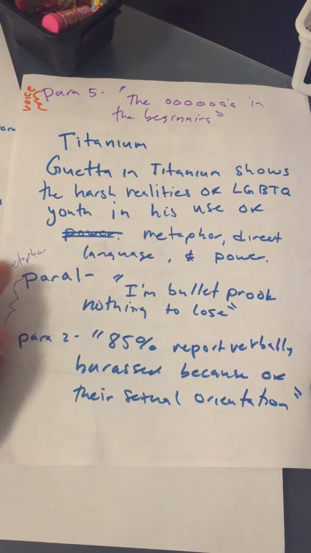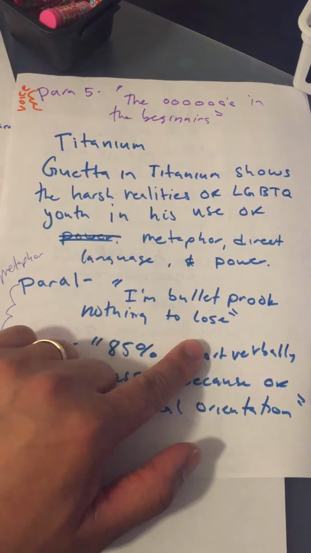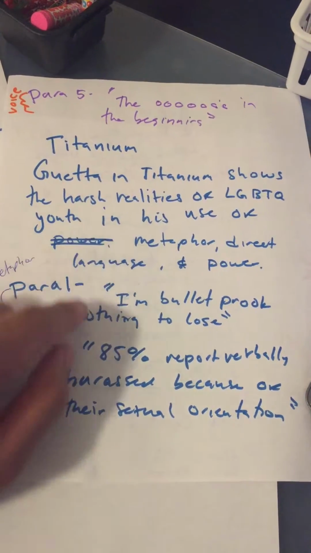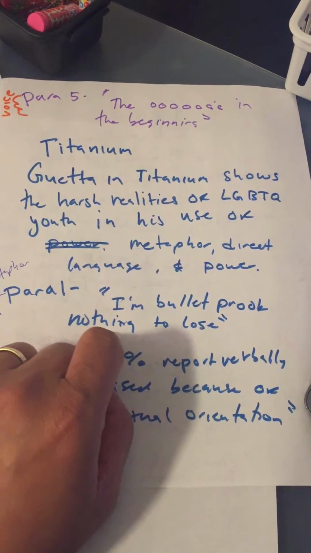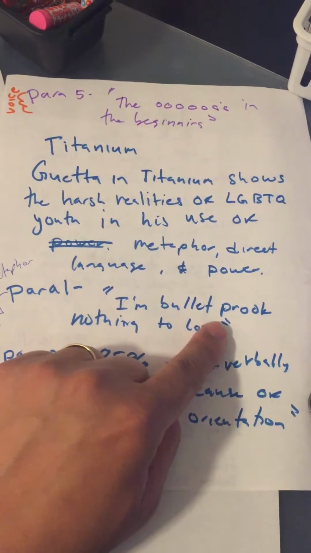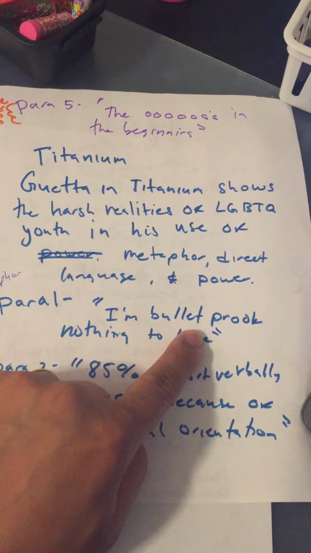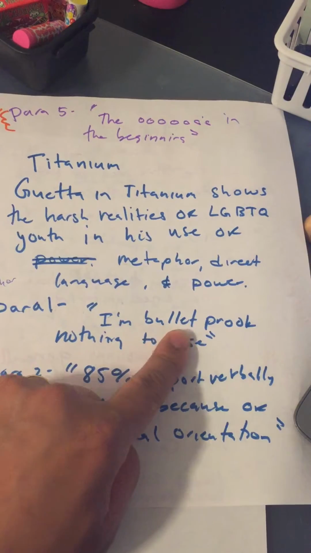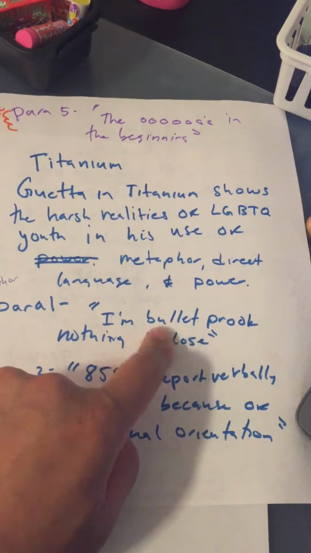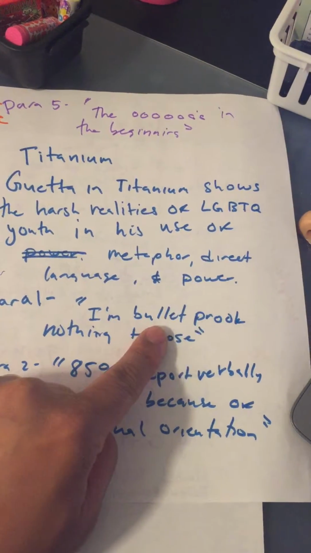In metaphor, I'm bulletproof, nothing to lose. And I want to look at the harsh realities. Why would someone have to be bulletproof with nothing to lose? Maybe I could talk about in this paragraph how kids, or people who get abused, harassed verbally at school for being different, have nothing to lose.